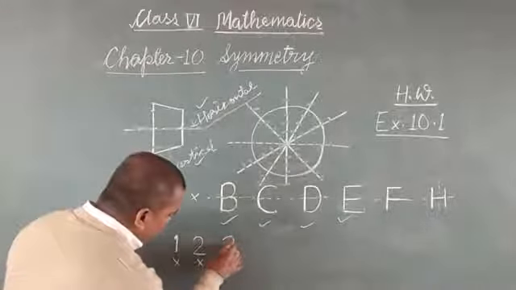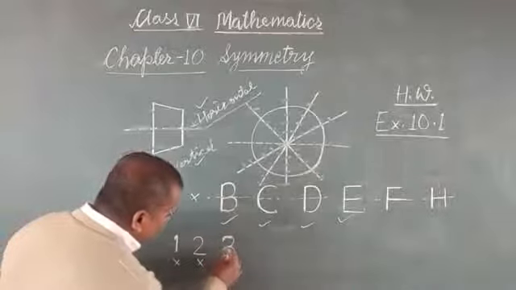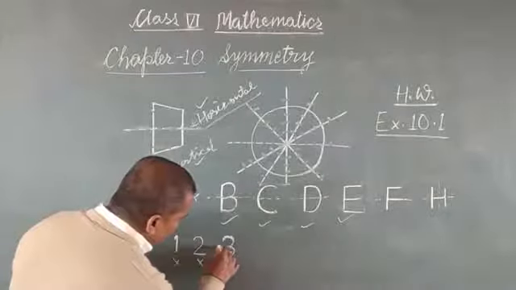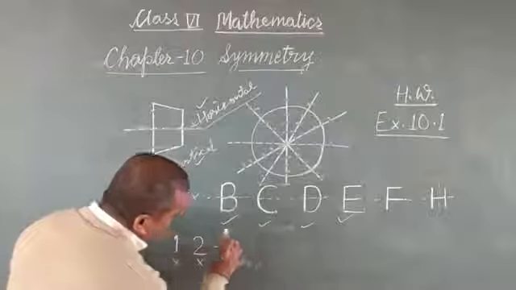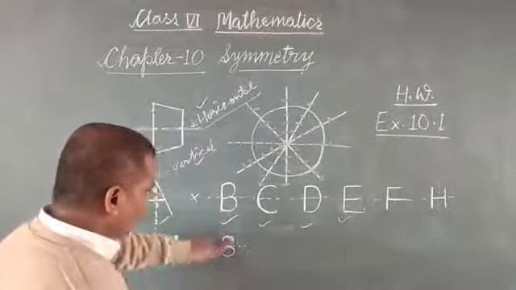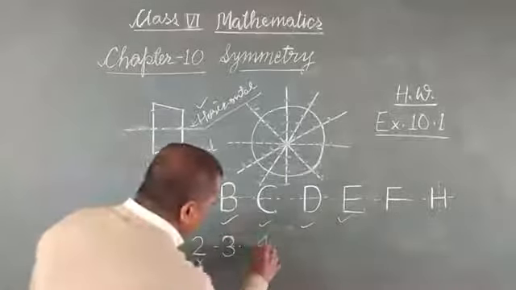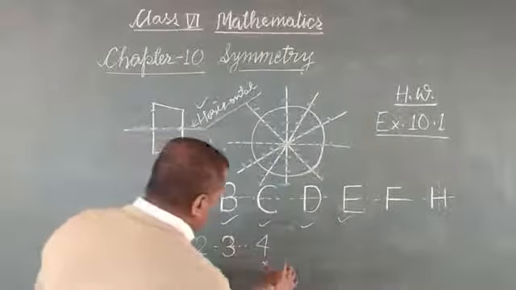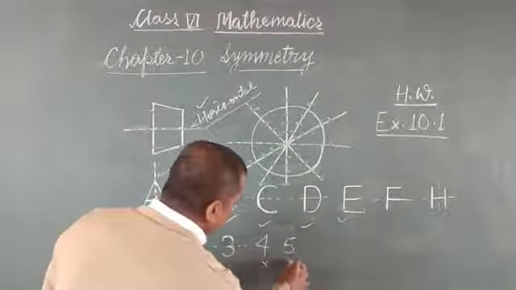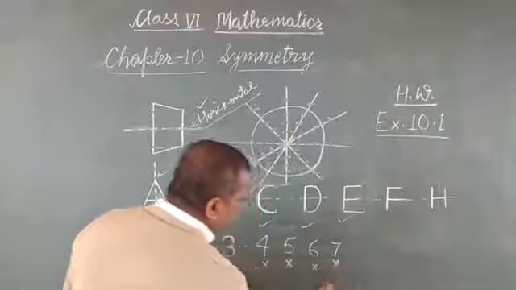But we draw 3. 3 we write like this. You look at here. If we write it, then one line of symmetry is drawn here. In case of digit 3, one line of symmetry. But in case of digit 4, no line of symmetry. In case of 5, no. 6, no. 7, no.